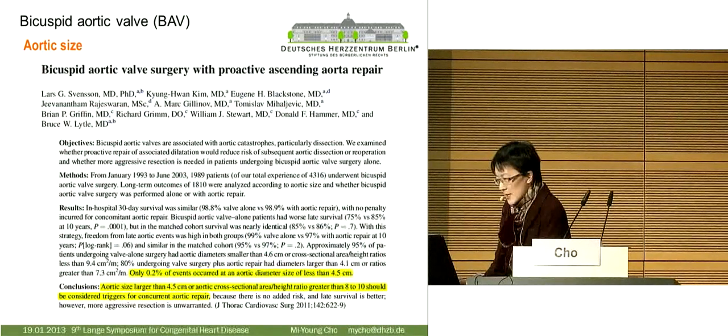Recently, Svensson at the Cleveland Clinic looked at their really big cohort of nearly 2,000 patients, and they also showed that a larger aortic size, more than 4.5, was a trigger for recurrent aortic repair.